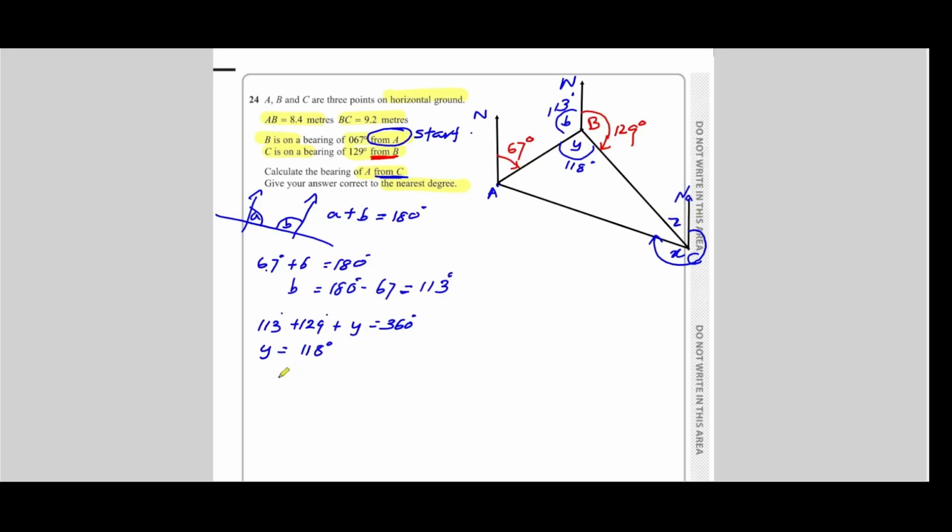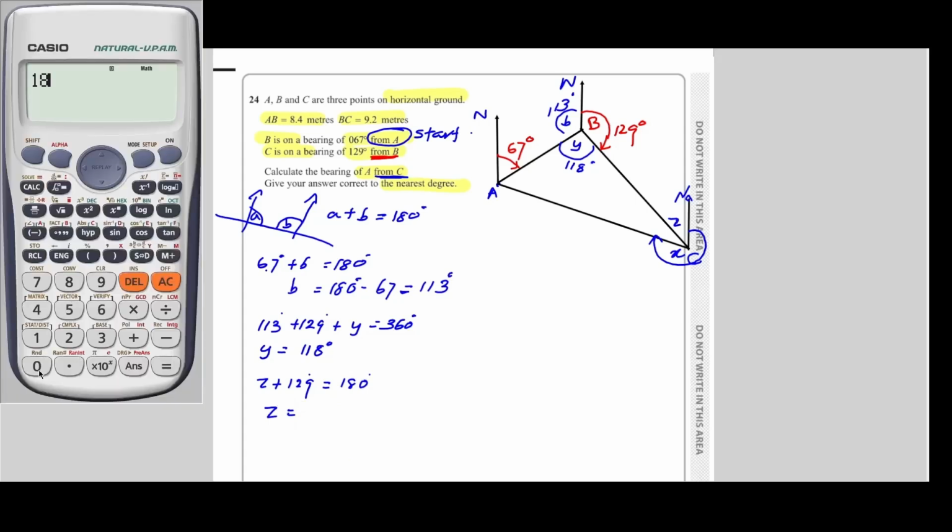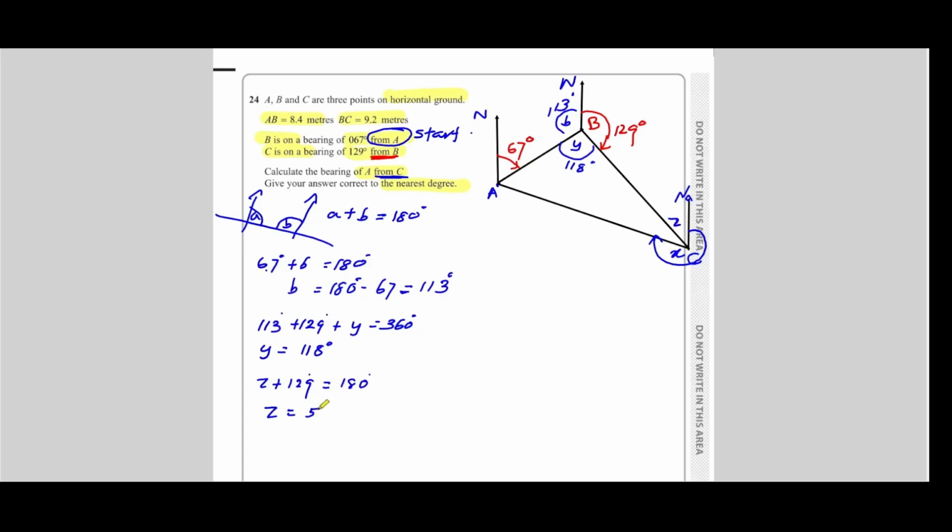Therefore, I can write z plus 129 add up to 180. Therefore, z equals 180 minus 129 equals 51. So this angle is 51 degrees.